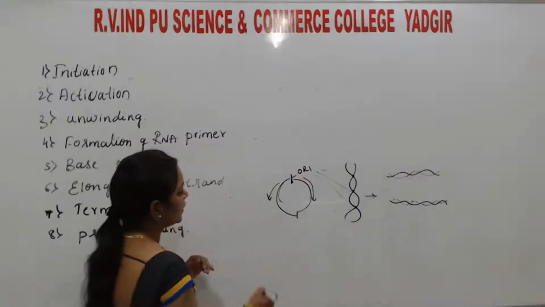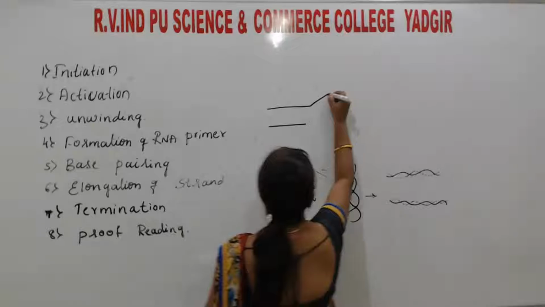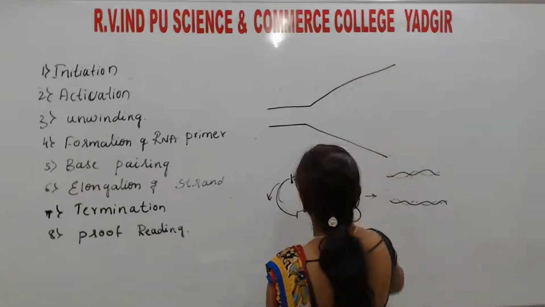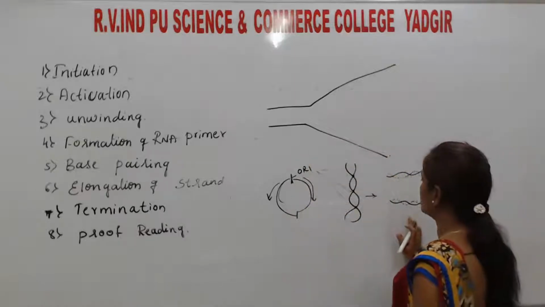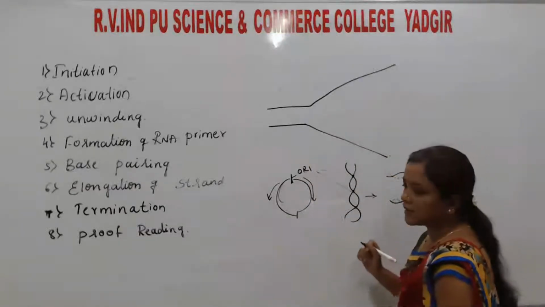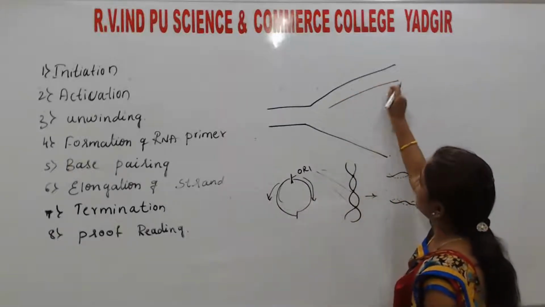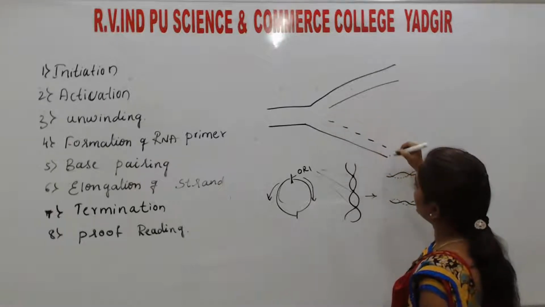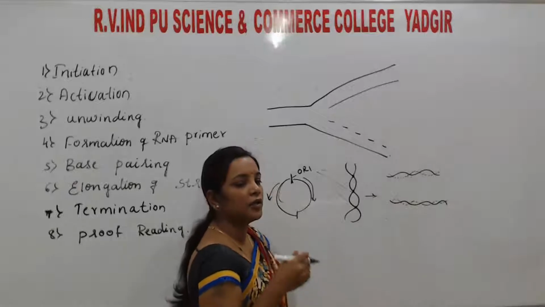If you draw the diagram of DNA replication, unwinding is taking place, and the rest you are going to study next. Why is it called discontinuous? During the formation, one new strand is continuous, while the other is in the form of fragments. So it is semi-discontinuous.